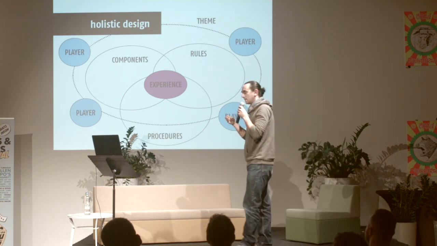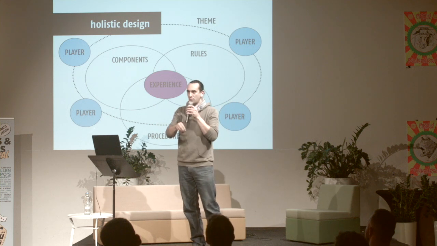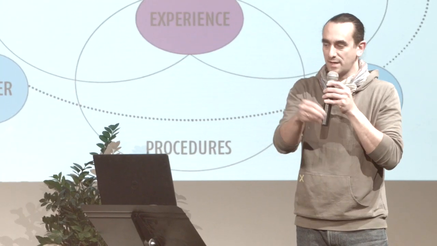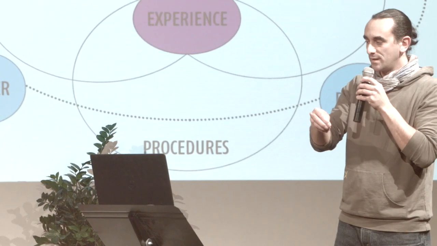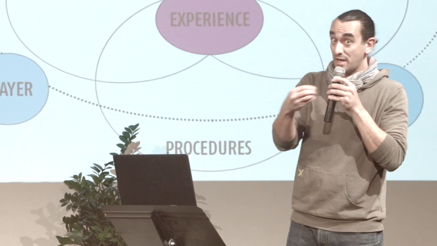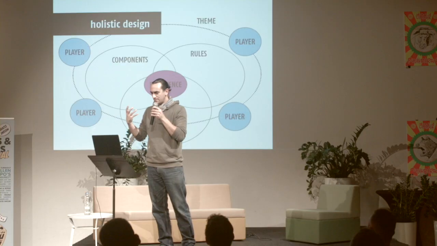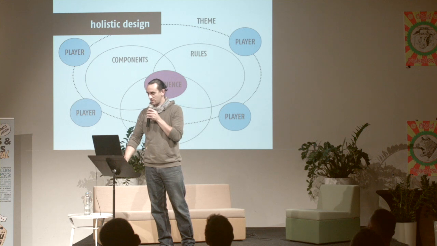We have to think about how our pieces move on the table, how those components that I can touch are arranged, and how they interact with each other and interact with the player, even though they are not interactive in a way we usually think of.